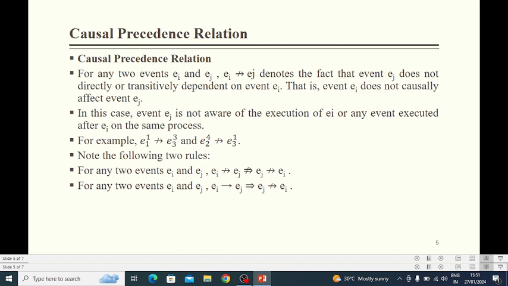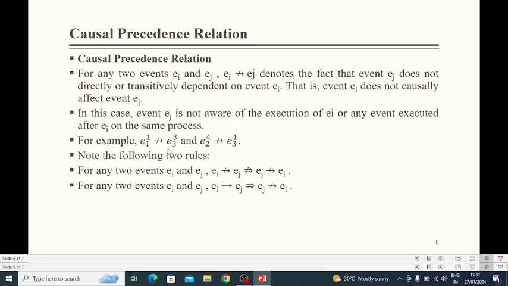That is, event Ei does not causally affect event Ej. In this case, event Ej is not aware of the execution of Ei or any event executed after Ei on the same process. For example, E11 does not causally affect E33. Similarly, we have one more example: E42 does not causally affect E13.